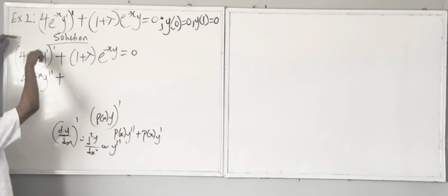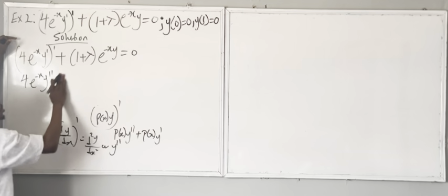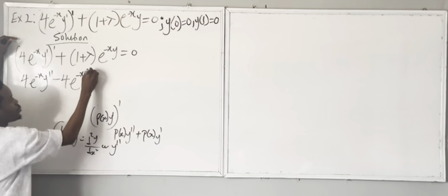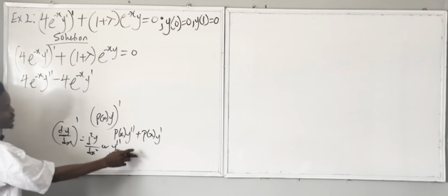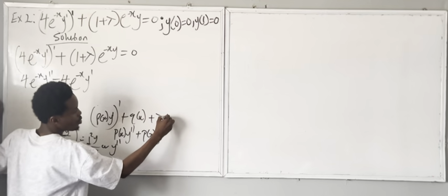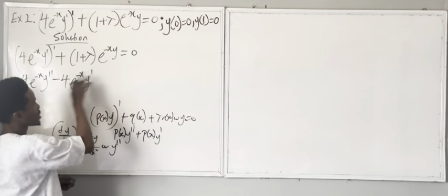So minus 1 multiplied by everything here, I'm going to have minus 4 exponential minus x y prime. You can see that this one satisfies this, where I have plus q of x plus lambda r of x, y is equal to 0. You can see that it's satisfied.